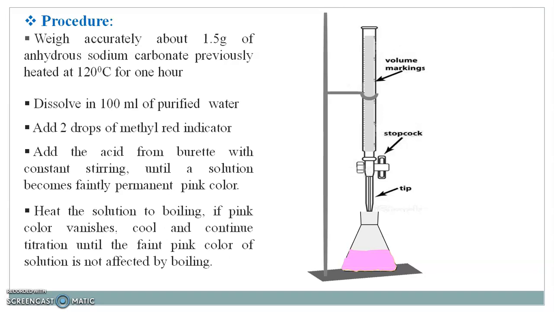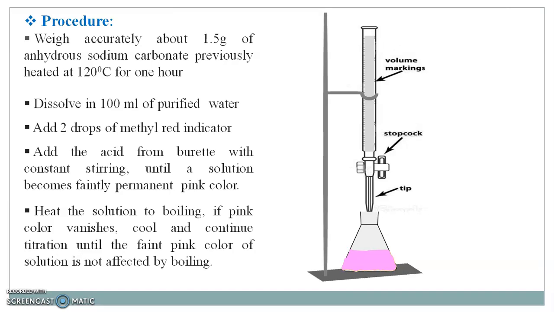But once you obtain this pink color, you have to heat the solution to boiling. If the pink color vanishes, cool and continue the titration until the faint pink color of the solution is not affected by boiling. Here, why do we heat the solution to boiling? Because the reaction forms carbonic acid, which contributes to the acidity of the solution, and therefore the indicator changes color.